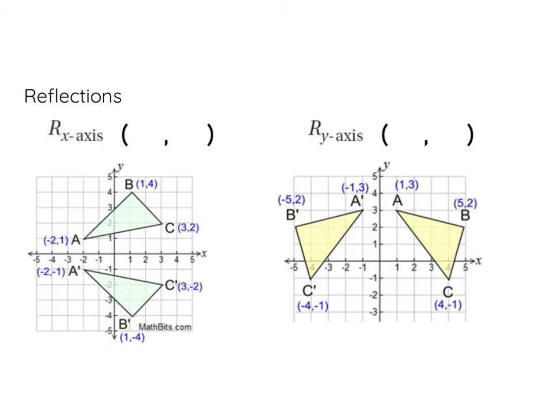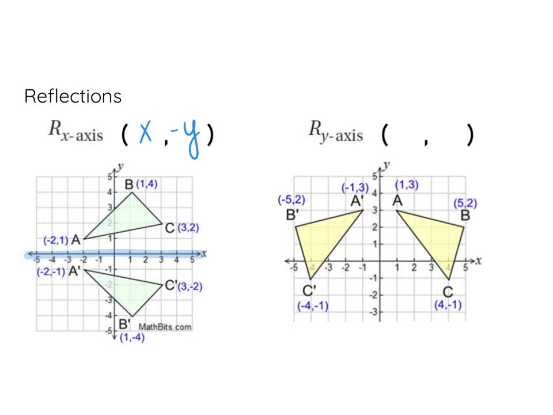All right, on to reflections. Okay, so the rule for reflections, so again, just like rotations, we're just going to have these rules that we follow. When we reflect across the x-axis, so that's this, right? The rule that we're going to use is x, opposite of y.